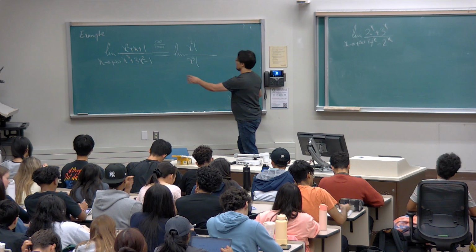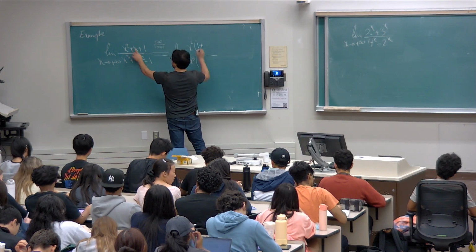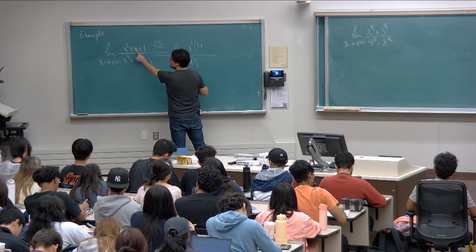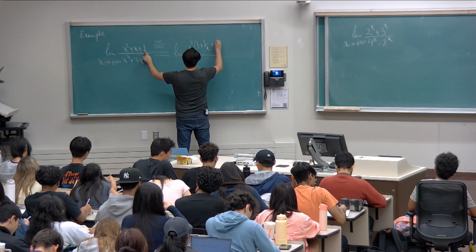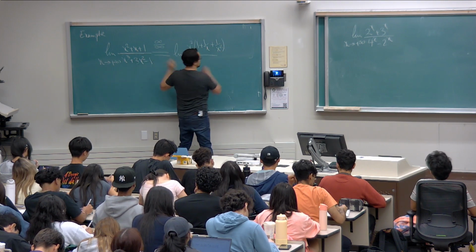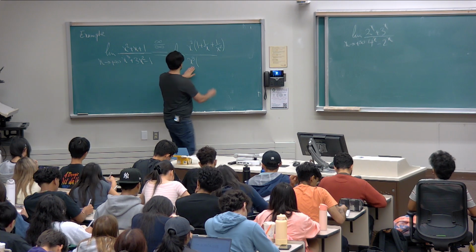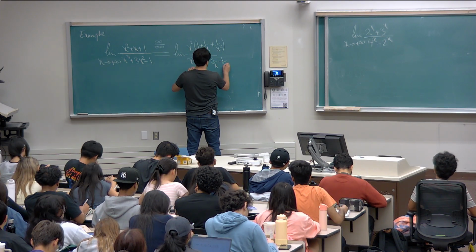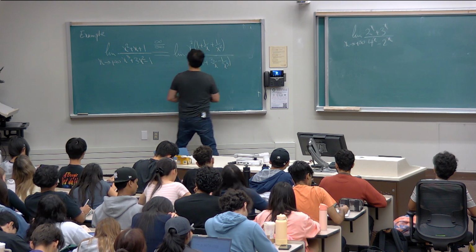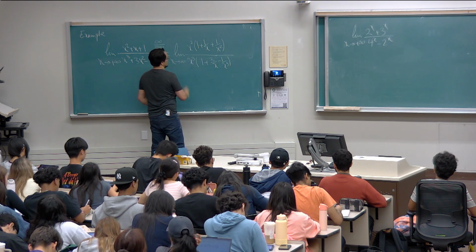So in this case, I get 1 here. x over x squared is 1 over x. This is 1 over x squared. This guy here is 1 plus 3 over x minus 1 over x cubed. And x goes to plus infinity.